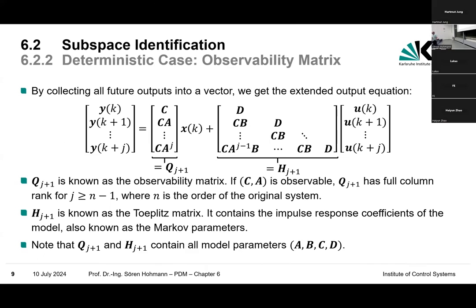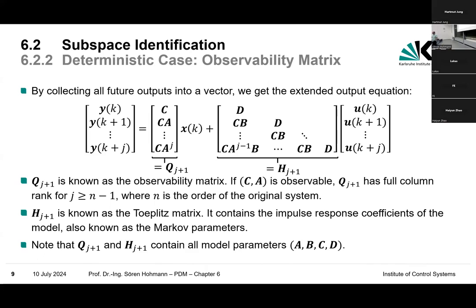Well, then there's an interesting fact. If you just look at this part here, this matrix and this vector repeats, right? That's part of the proof of the Kalman observability criterion.